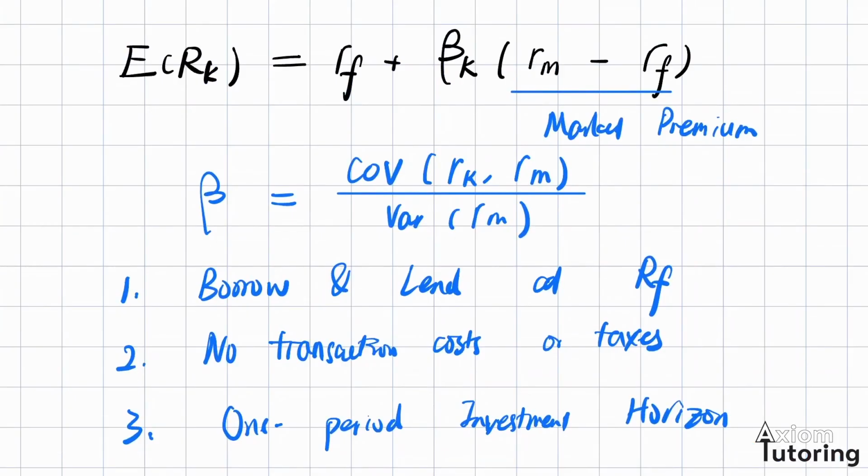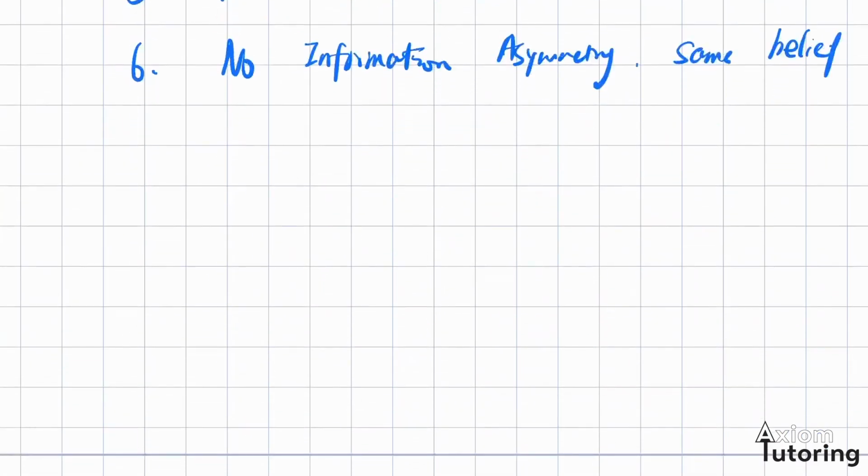So if I give you the numbers, let's say the RF here is 4% and the beta here is going to be 1.5 and the market return is, let's say, 20%. What is going to be such an asset's expected return? All you have to do is to plug in the numbers if the information is given that way. So for example, let's just use RF as 4%, and I have some asset beta K here, which is 1.5, and I have RM here as 20%.